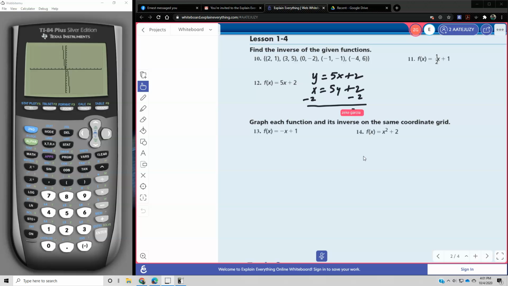So you have 5y equals x minus 2. And then the last step is to divide by 5. So to write the inverse, you're going to write the inverse of f equals x minus 2 divided by 5.